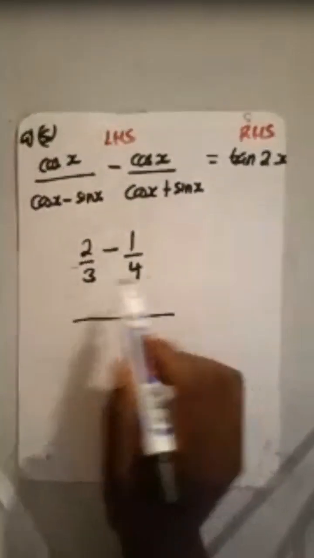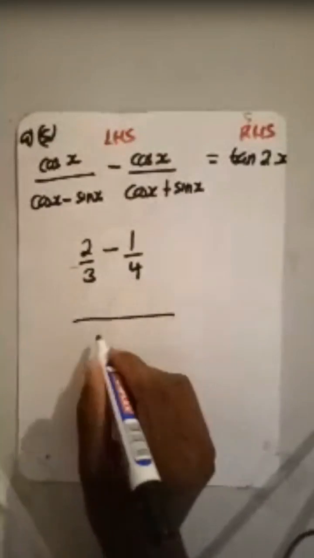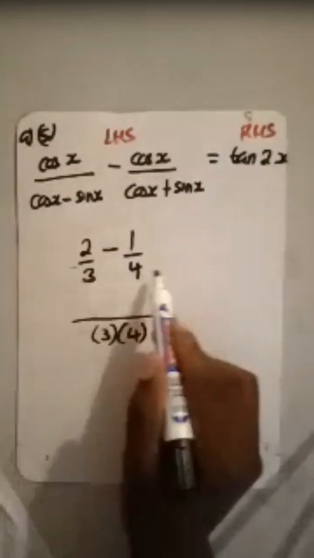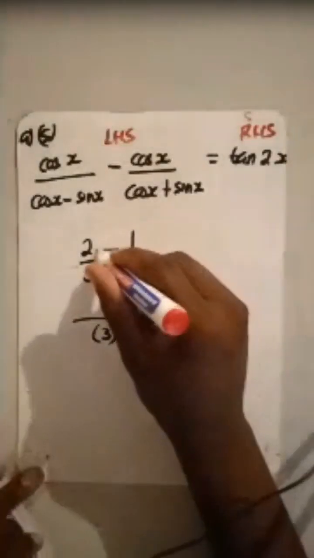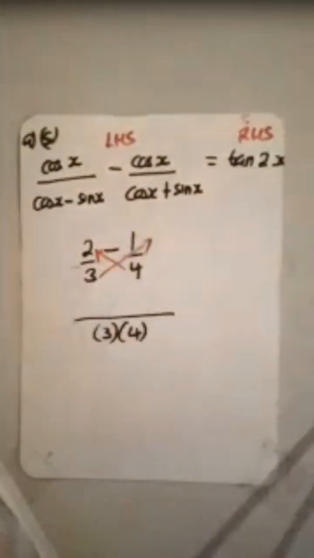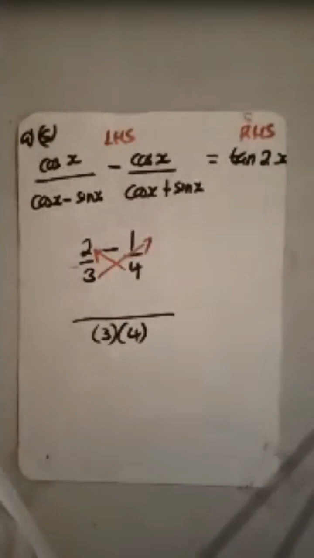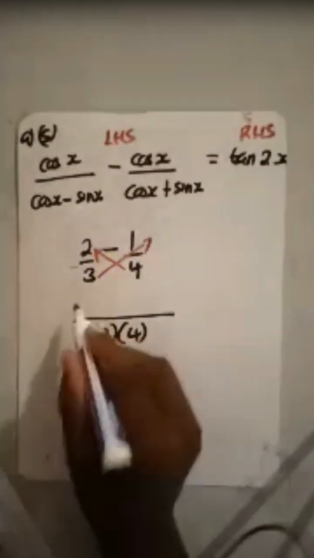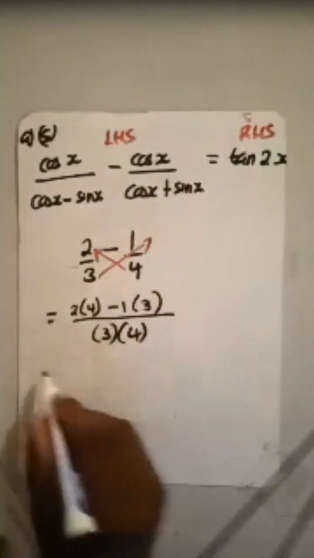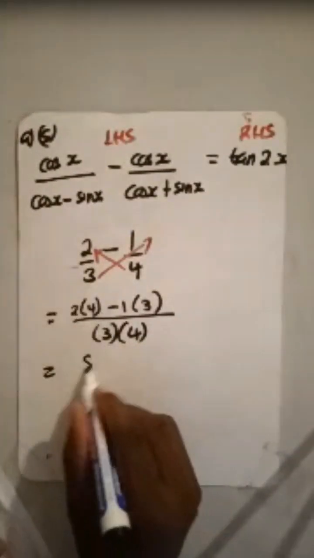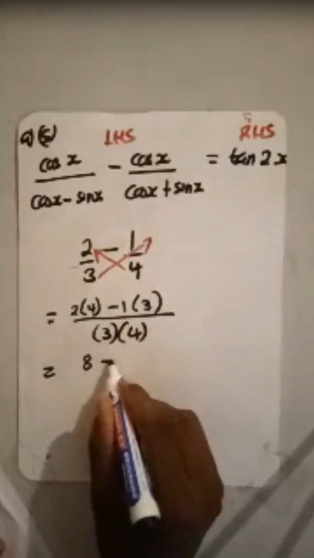Remember, to work this out we need a common denominator. To make it easier, we multiply the denominators, 3 by 4. Then we cross multiply, so on the numerator we get 2 multiplied by 4, then minus 1 multiplied by 3. 2 by 4 gives 8, negative 1 by 3 gives negative 3, over 3 times 4 which is 12.